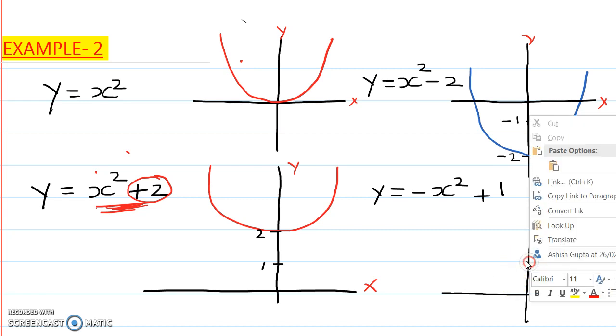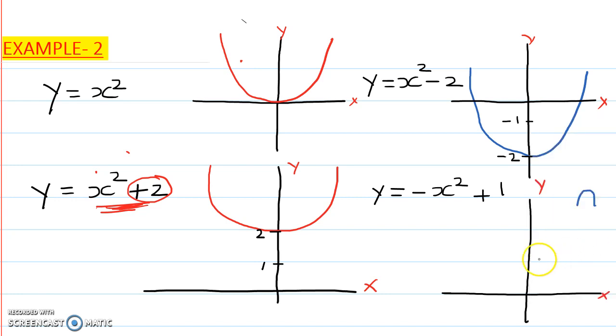So minus x square is the reverse of the U shape, and plus x square is the U shape. This is the basic difference.